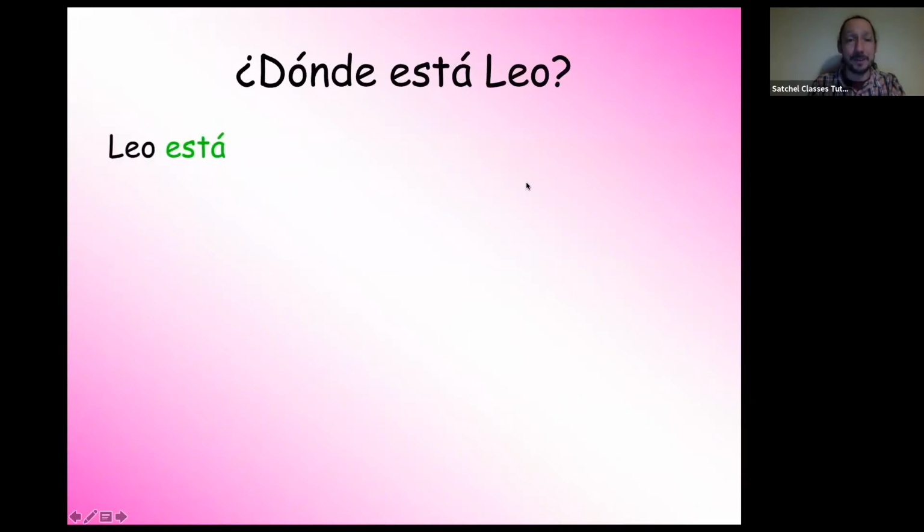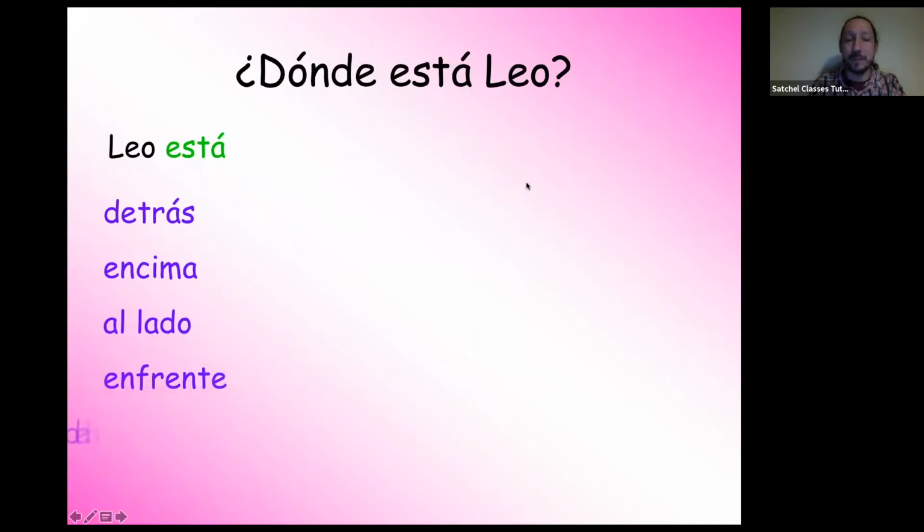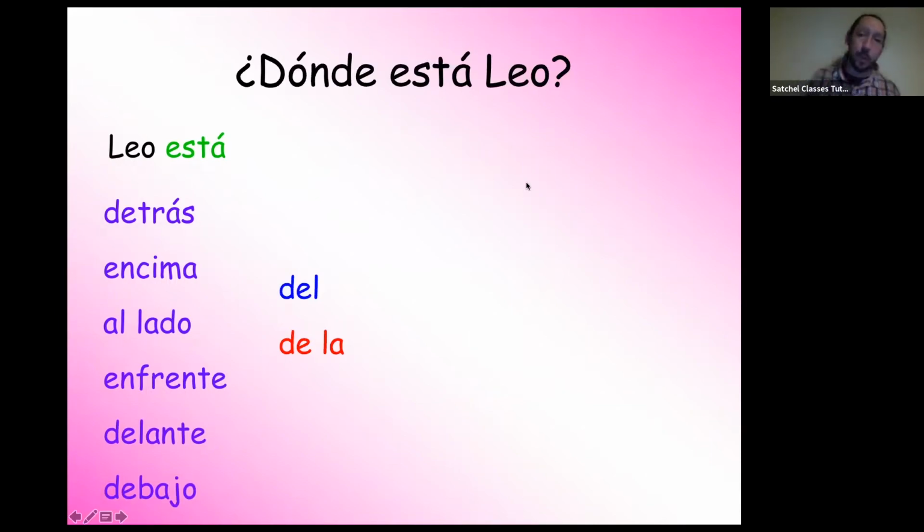¿Dónde está Leo? Leo está detrás, encima, al lado, enfrente, delante, debajo, del, de la. So this is really important. Whenever you want to say or talk about the position or location of an item or an object in reference to another one, you have to use prepositions. So for instance, in this case, I've got Leo.